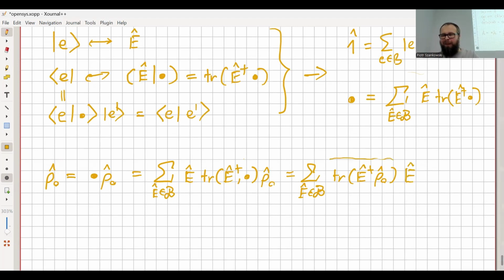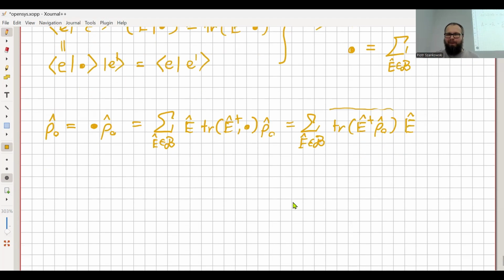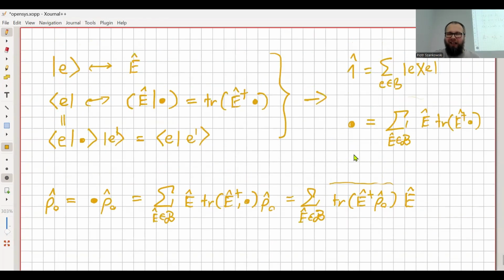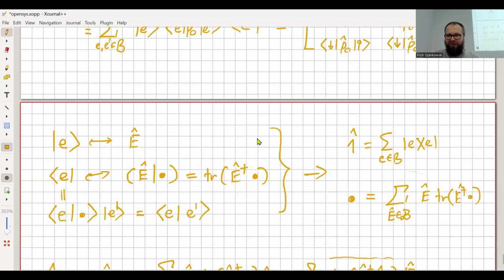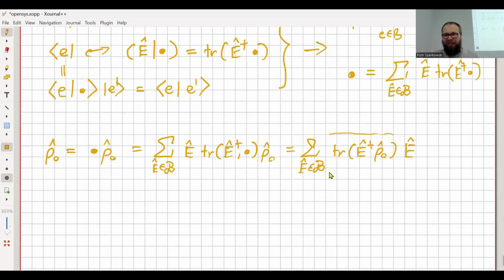And times E. And once we recall what those operators E are in our case, these are just those projectors and coherences, so we can just substitute them. Let's be explicit.